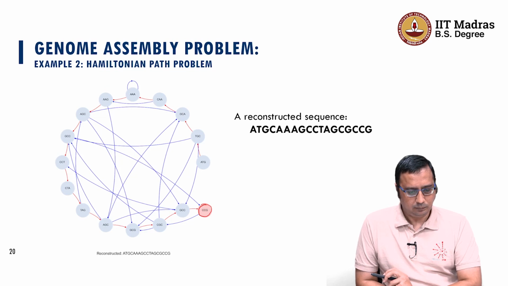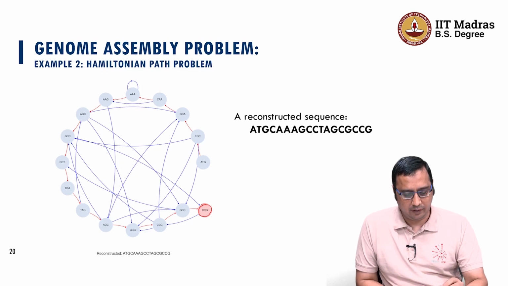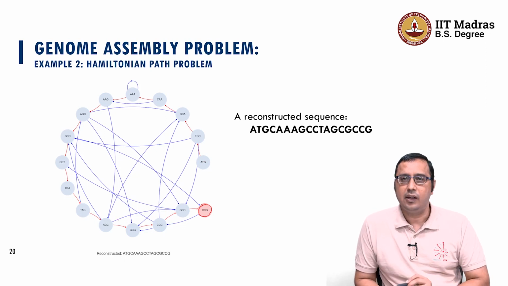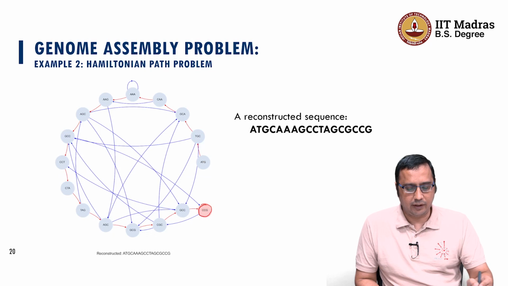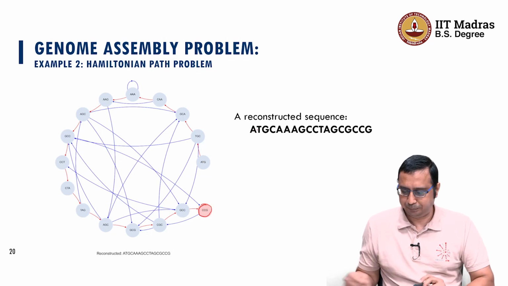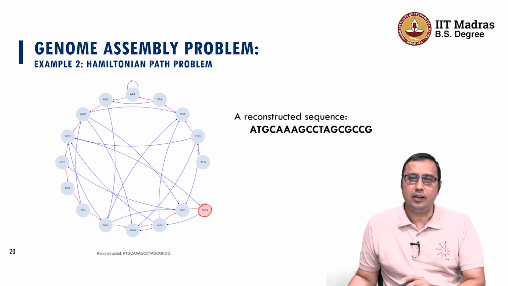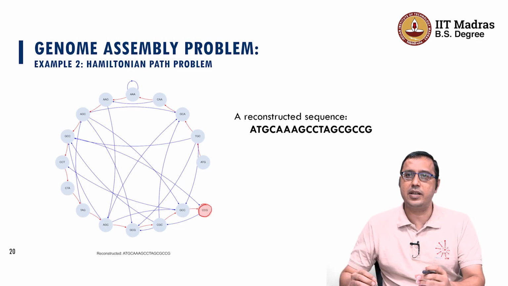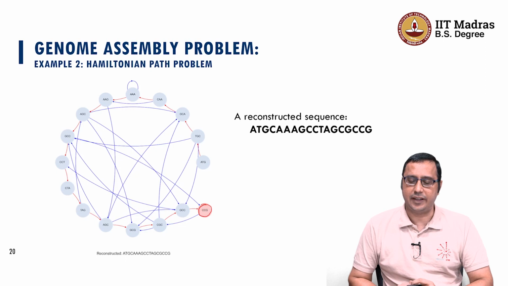Voila. So we found a Hamiltonian path where each of these nodes has been visited once, and when we construct the overlap graph, we get the overlapping sequence, and then we merge it to get a reconstructed sequence.